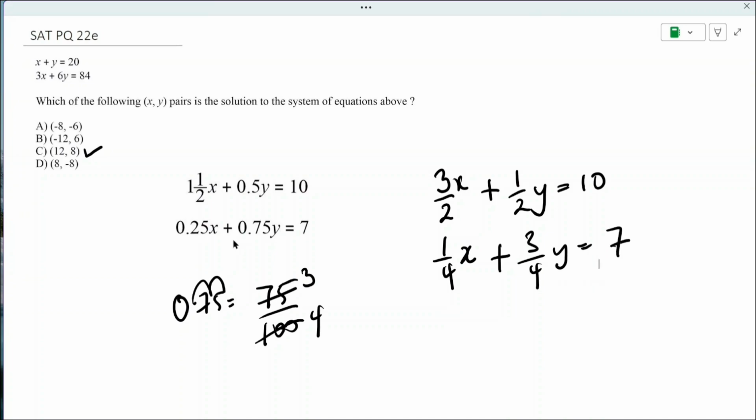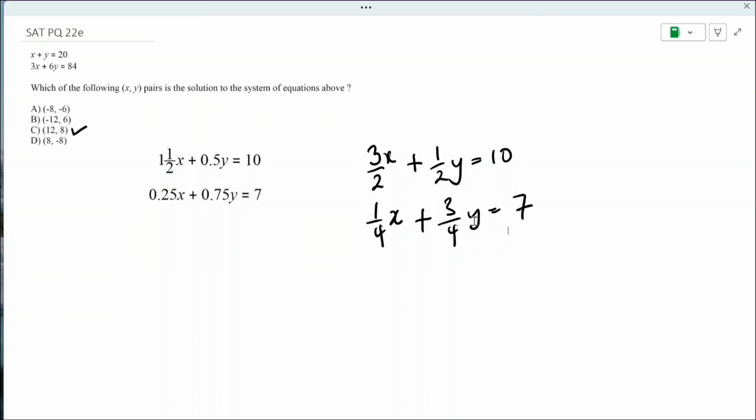We converted the decimals to fractions and the mixed fraction to an improper fraction. We can now convert the coefficients to whole numbers. For equation 1, where we have 3 over 2, 1 over 2, and the constant as 10, we find the LCM of the denominators. LCM of 2 and 2 is 2, so we multiply equation 1 by 2.